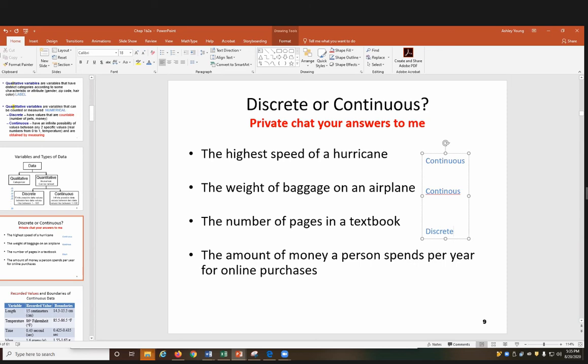All right, so you count money, so this is discrete. Makes sense? How much money you spent last year is only a fixed number of possibilities. Okay, great.